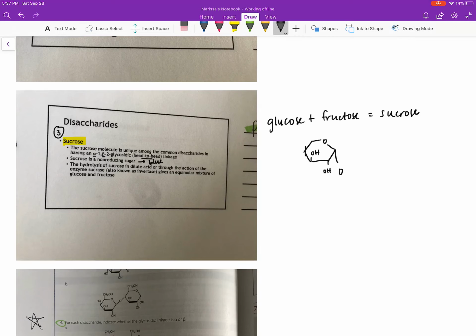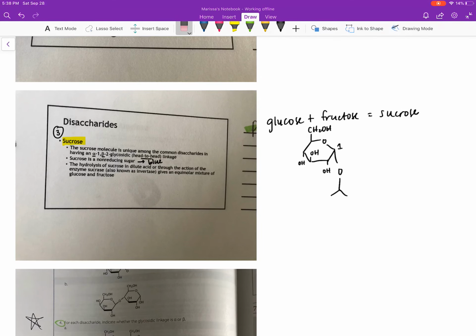So what makes it unique is, remember how we talked about C1 coming together with C4, and that's not what happens here. Okay, so here's carbon 1, and then let me make that more straight.